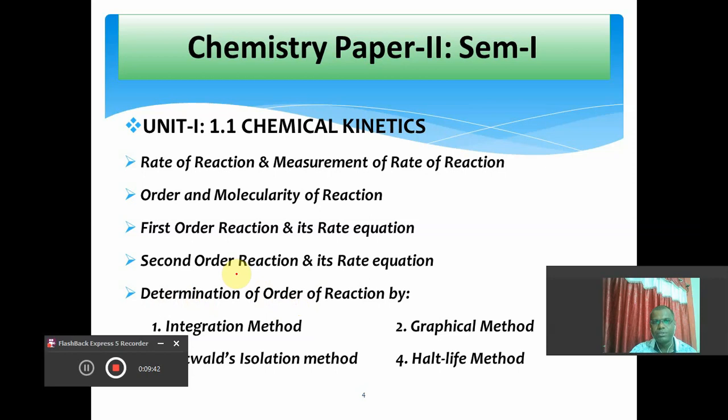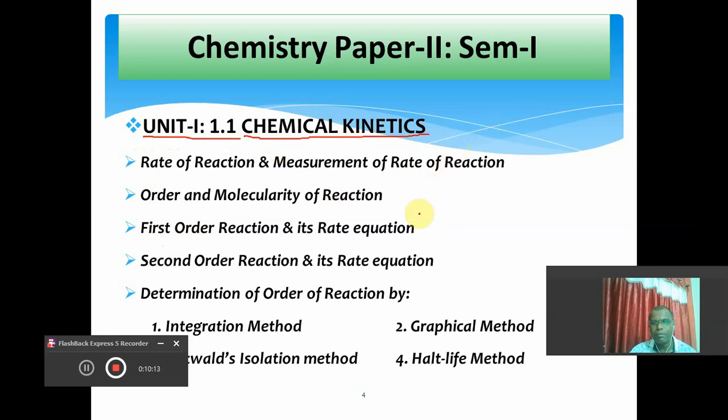As far as chemistry paper 2 that I am going to teach you is concerned, it also contains 3 units, and the first unit in chemistry paper 2 is based upon physical chemistry. So it will have a topic from physical chemistry, and the first topic in unit number 1 of chemistry paper 2 is entitled chemical kinetics.